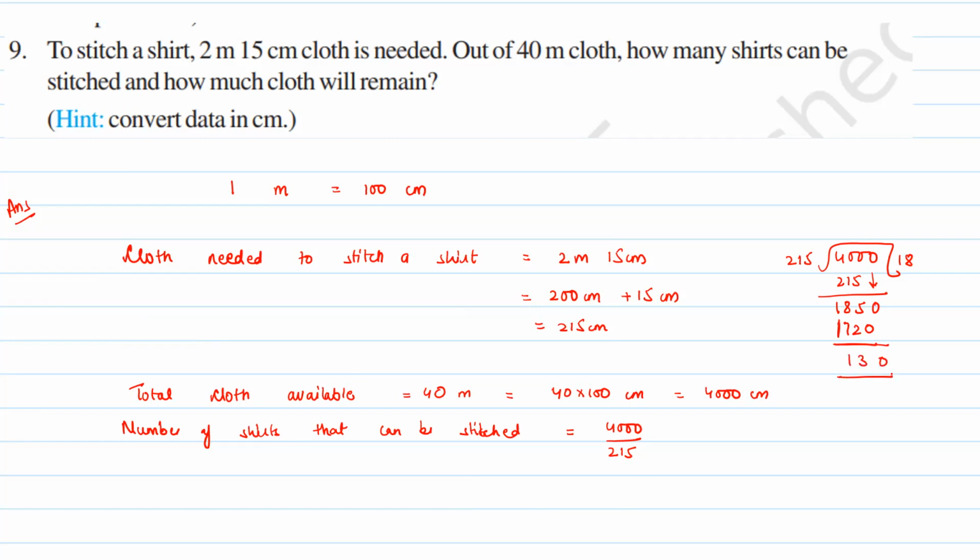So that means 18 shirts can be made, and it is also asking how much cloth will remain. 130 centimeter of cloth will remain. Because for another 19th shirt we need 215 centimeter full, but we do not have. So 130 centimeter of cloth remains.